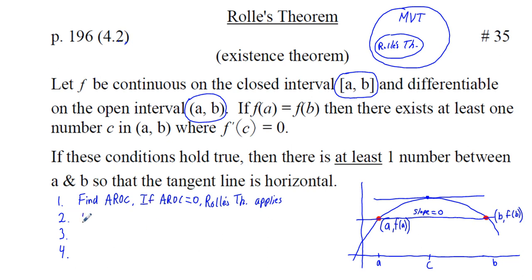Next step, find f prime of x. Third step, set f prime of x equal to average rate of change, in parentheses, which equals 0.